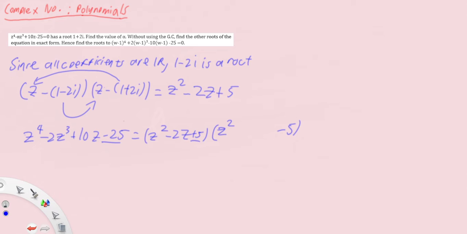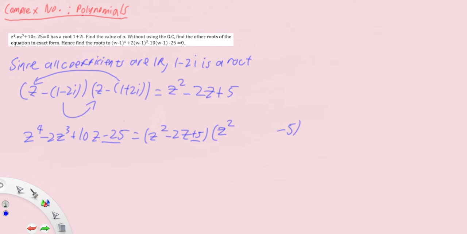Alright, leave a gap. Now, we want to find the coefficient for z. So we have a minus z. Why write a minus? Just in case it becomes plus, I can simply add the plus sign. Now, we look at either 10z or z cubed. Looking at 10z, this is the only way to obtain z. Minus 2z times minus 5 is already plus 10z, and we already hit our goal, which means that this is 0z.